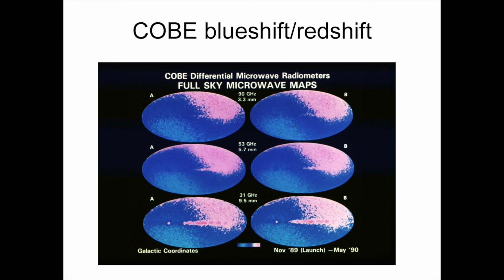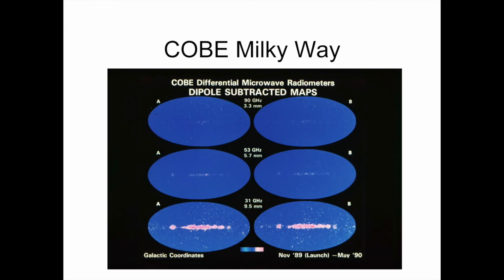So you remove that, and then in slide 20, there's another bit of radiation that you have to remove, and that's the radiation at these wavelengths from the Milky Way. If you're going to look in the infrared and millimeter wavelengths, you're going to see radiation from our galaxy. So you want to take away those signals too.